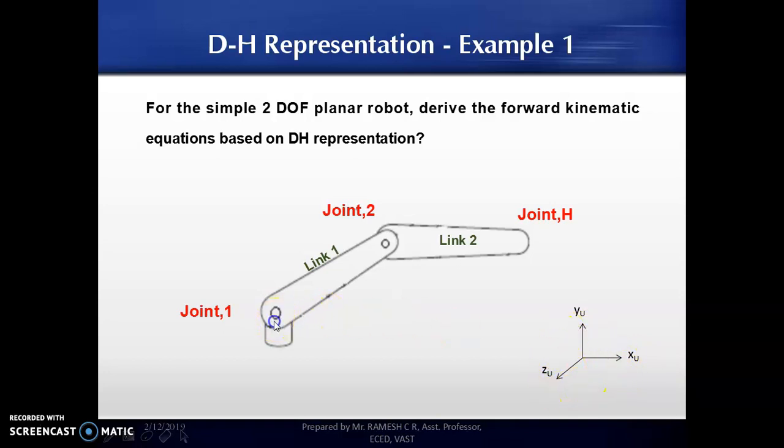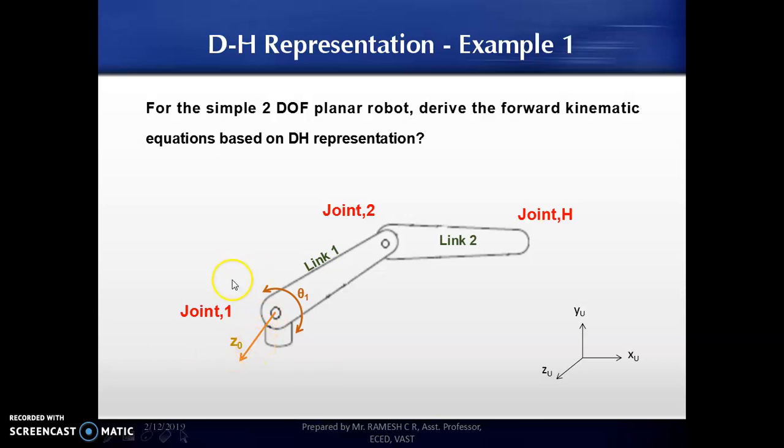Starting with joint 1, the first joint has the z axis assigned in this direction, which is in the direction of the universal frame. There may be small variations, meaning it may not be purely parallel, but it is in this particular direction. For the first joint I have assigned the z axis, and since this joint is a pure revolute joint, there is only one joint variable, defined as theta.